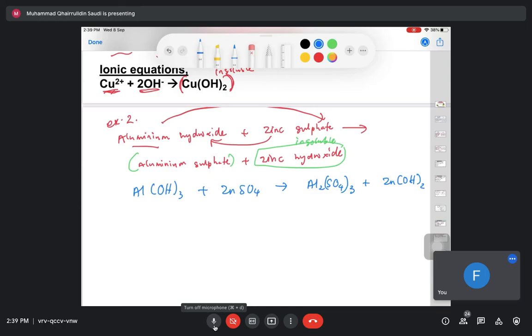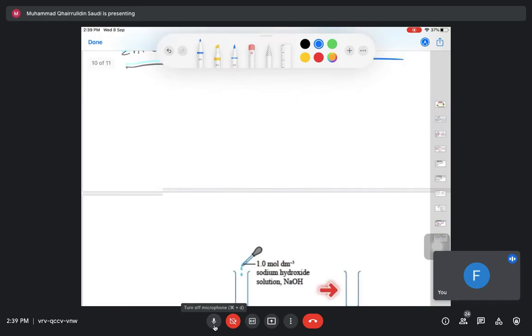Balance sulfate 3, so zinc should be 3 as well. Hydroxide now is 6, 2 here. Now it is balanced. Okay, so that is all that you need to know.